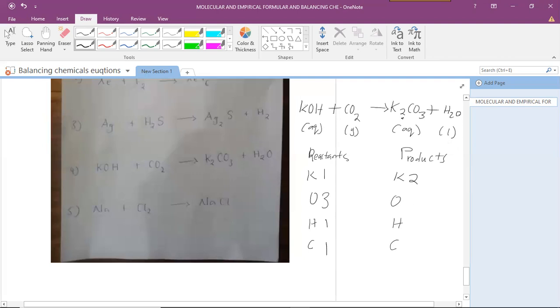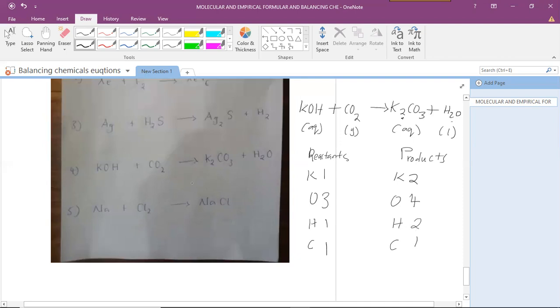What about this one? It's an oxygen, so in total we have got 4 oxygens. Then hydrogens, we have got 2. Carbons, we just have this one here, this one there.